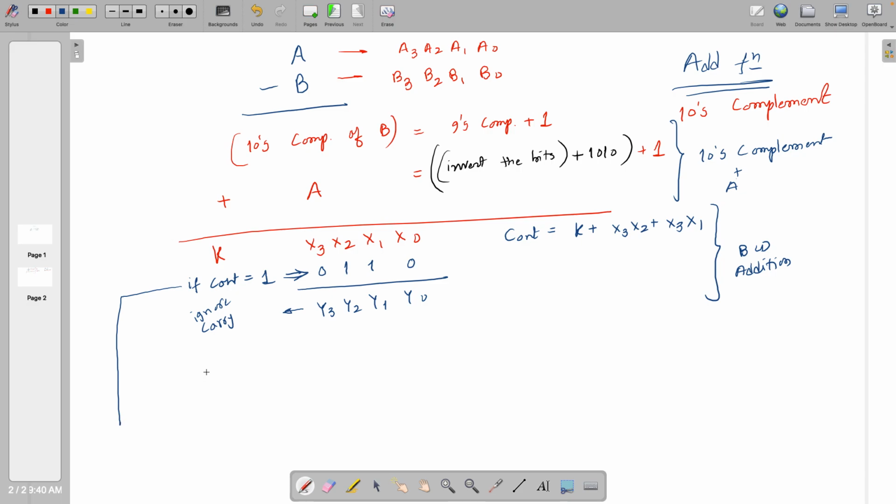But if C out equals 0, understand, you don't have to correct those things, but it's going to give me the final number, which is the tens complement of y3, y2, y1, y0, and with the negative sign. So this is the algorithm or the method to find the subtraction of two numbers in BCD, right?